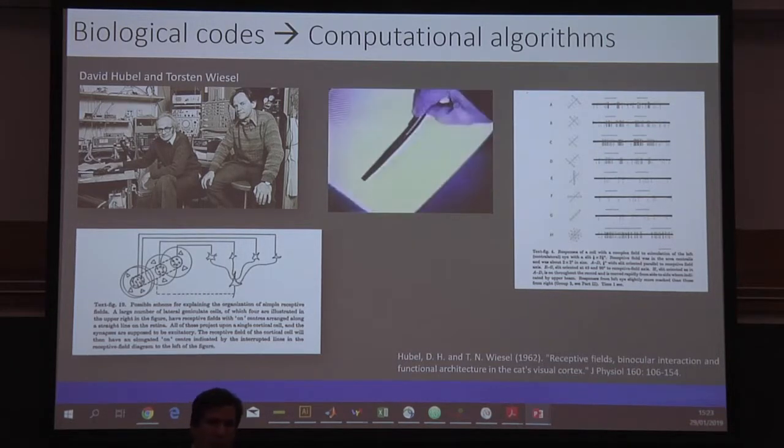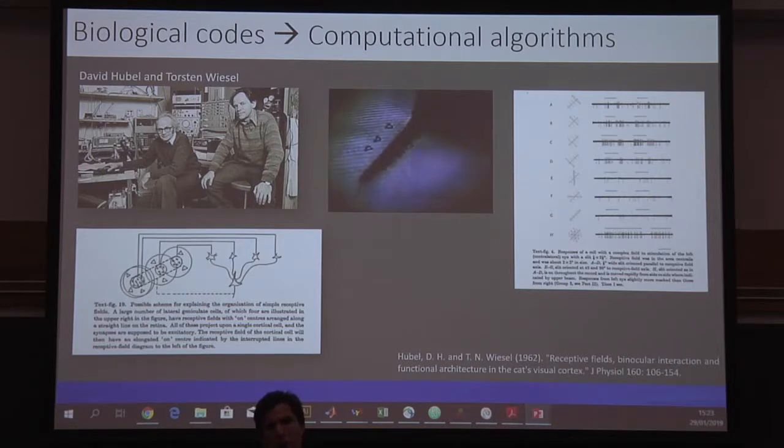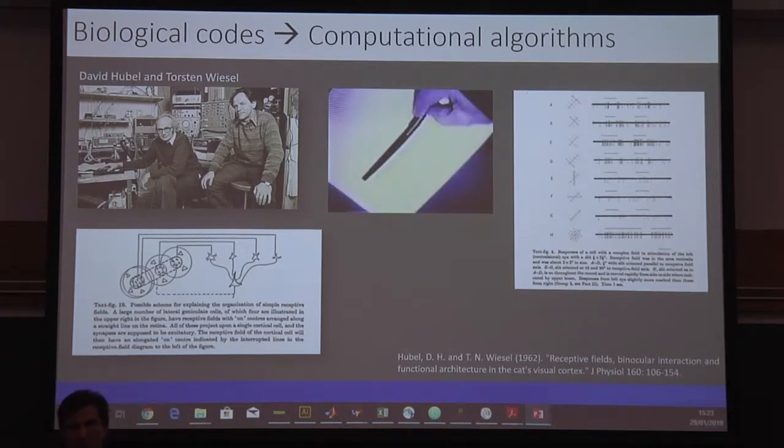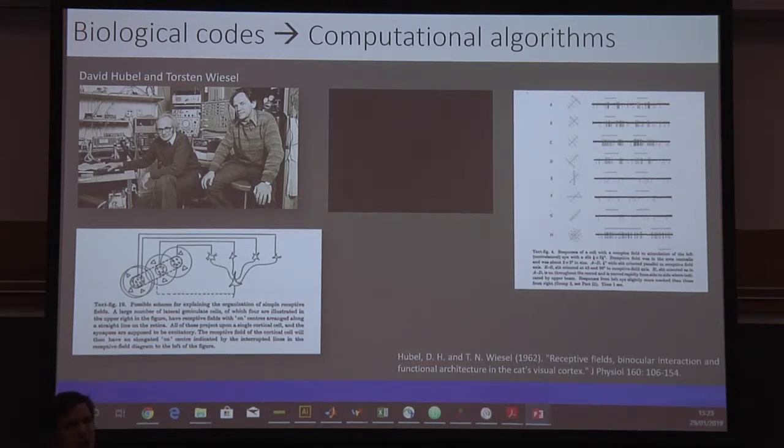This combination of selectivity and invariance to the exact position is fundamental to be able to achieve extrapolation and invariance to transformations. So here there are two ideas. One is that the same computation happens over all different positions of the visual field, that you can achieve selectivity through these filtering mechanisms, and that you can combine many of these simple cells that are tuned to a particular orientation through a pooling mechanism to achieve invariance.